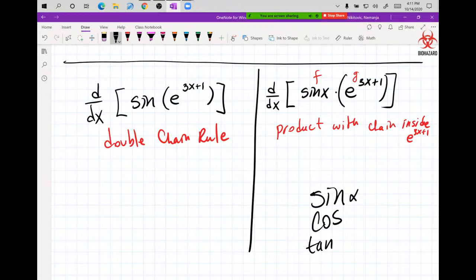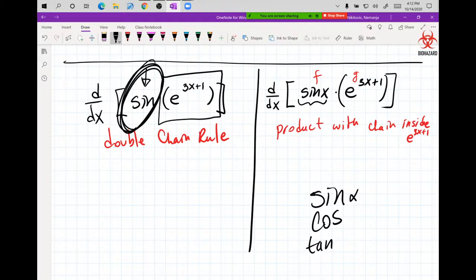So now you can see that this sin over here has this as an angle, so it's a chain rule, whereas this sine over here has x as an angle. So it's complete. It has its own angle, so it's its own function. Whereas this sine on the left does not have its own angle; the entire e parenthesis is its angle. We call that the argument in mathematics.